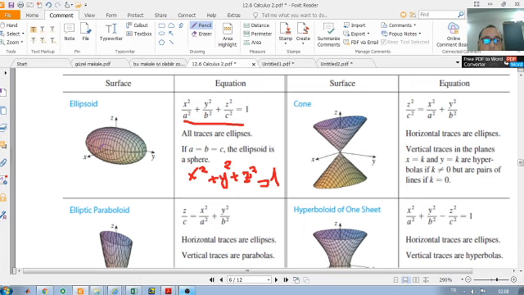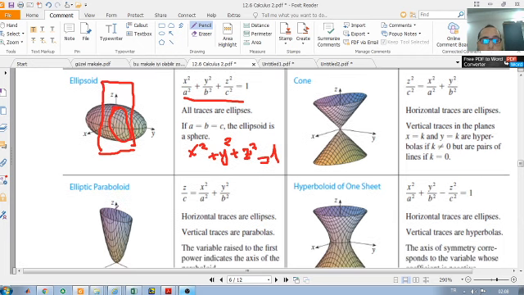Actually, if we take the intersection of this graph with vertical and horizontal planes, if you intersect this graph by a vertical plane, we will obtain an ellipse, like this. Or if you intersect this graph with a horizontal plane, you will obtain another ellipse.